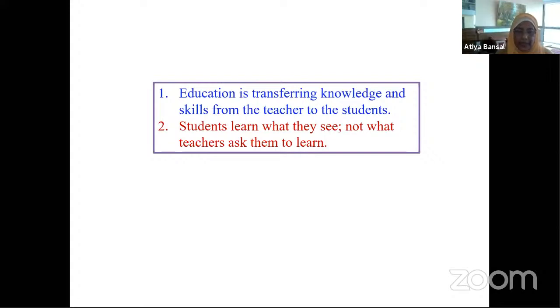And the second point is that students learn what they see, not what teachers ask them to learn. This is especially true in the case of younger students, because by the time students come to college, they are already adults. But in school, they are still learning, and they learn what they see, not exactly what teachers ask them to learn. So please remember these 2 points.